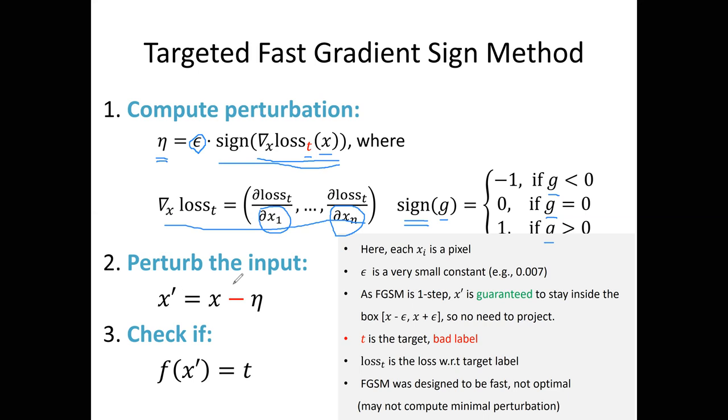Because we are trying to get the network to classify X as the target label T, we need to get the loss to be as small as possible, essentially to minimize the loss. And so what we do here is subtract the value of the perturbation from the original input, because we are trying to minimize the loss.